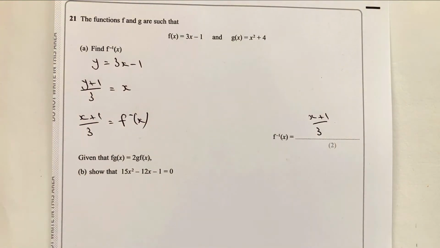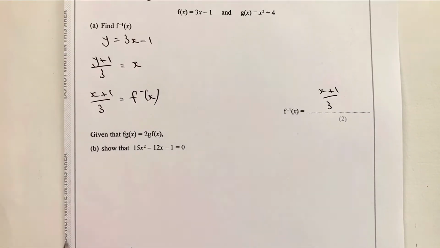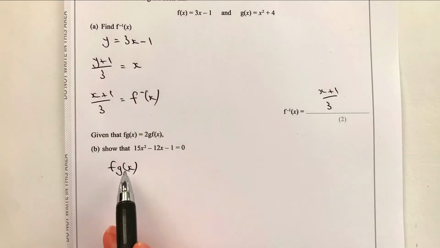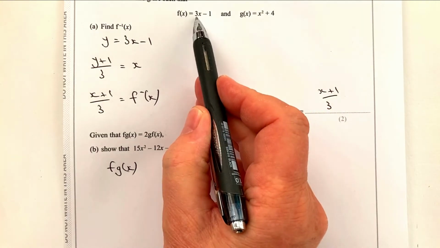Okay, then it says, given that fg of x equals 2gf of x, show that this is this. Okay, so let's have a look firstly at separating this up into two separate areas. I'm not really going to worry too much about this for the moment. What I'm going to do is just work out the fg of x. What that means is that we take the value of g of x, which is this one here, and we put it straight into there.